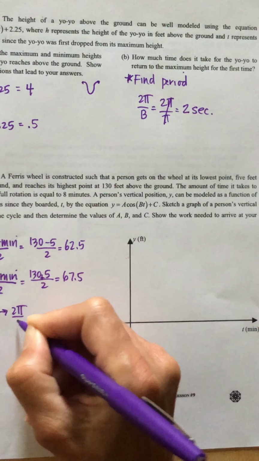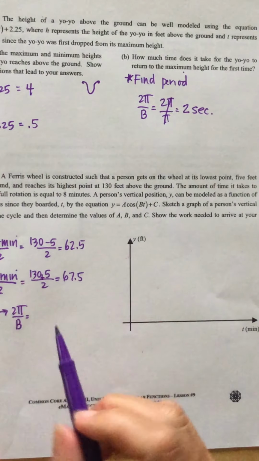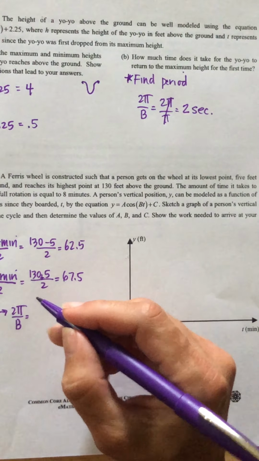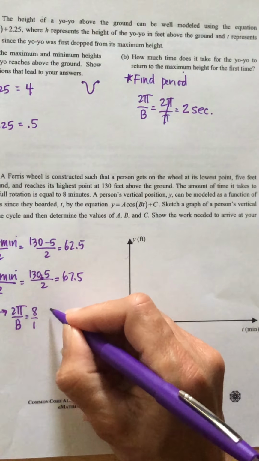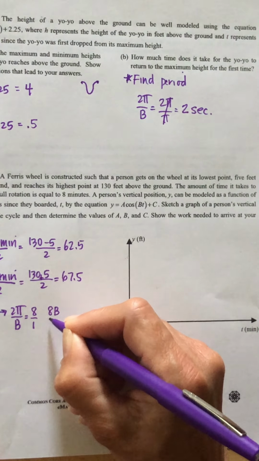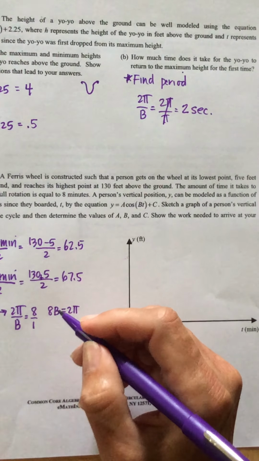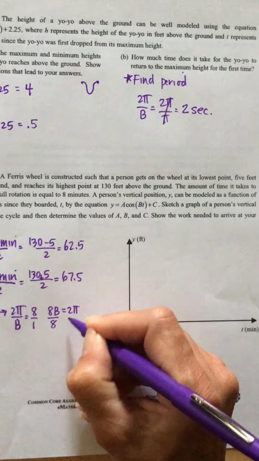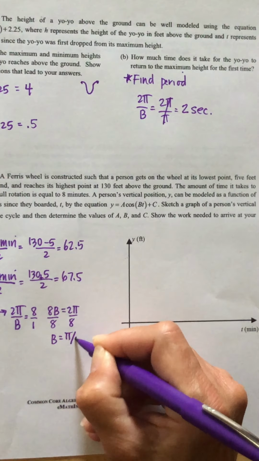So 2 pi over B is equal to, let's see what it said. It takes 8 minutes to make a full rotation. So we're going to set that equal to 8 over 1. Cross multiply, 8B is equal to 2 pi. We're going to divide by 8, and then reduce. B equals pi over 4.